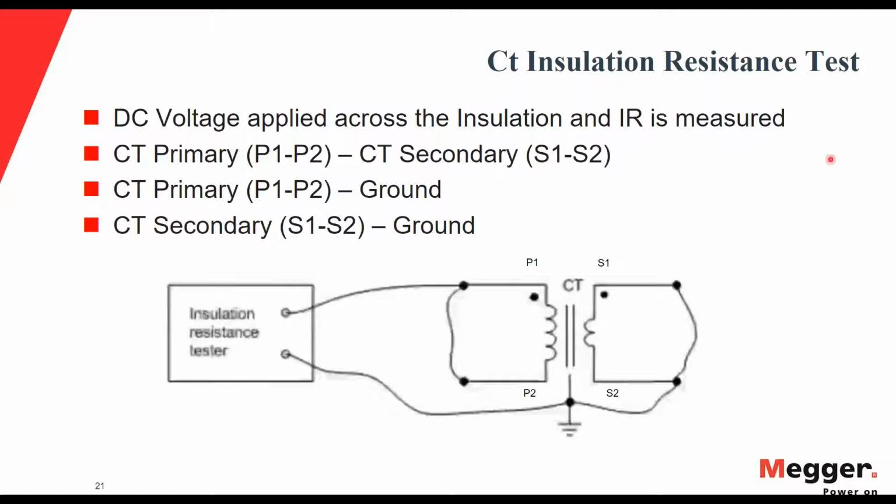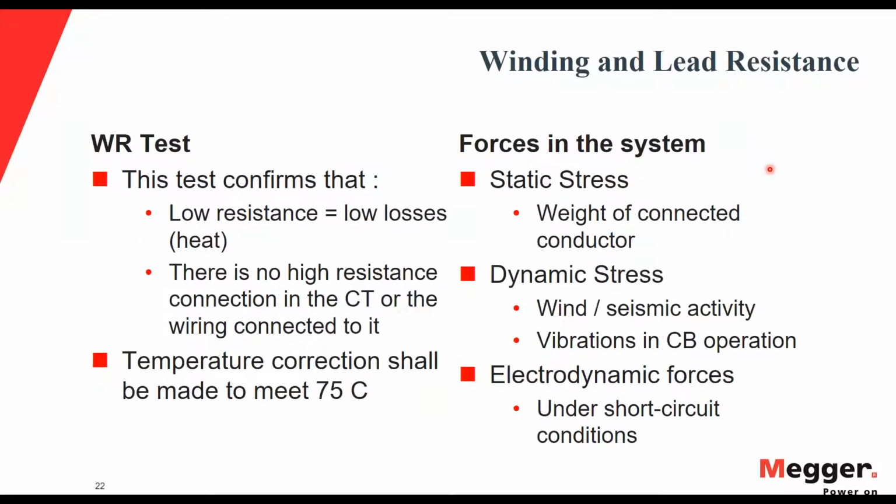Okay. So the next test, once we finish the insulation resistance, we'll directly go to winding resistance. And it is important to start with the winding resistance test rather than starting with the ratio or the core or the saturation test.